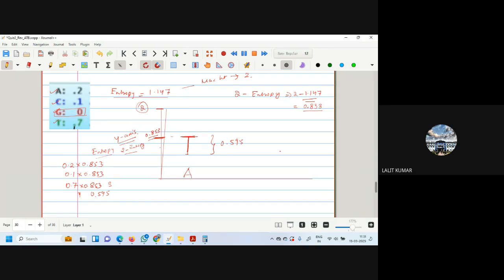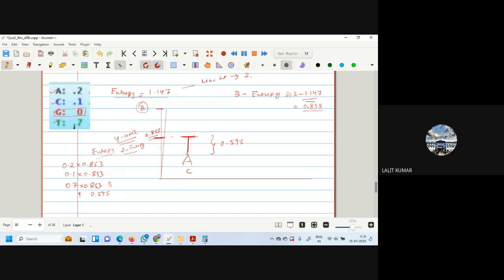Then C will be small and G will be 0. So your T is the bigger one. After that, you make the next bigger one, which is A. Then you have C, and G is 0. So this is okay. Everybody understood this funda?